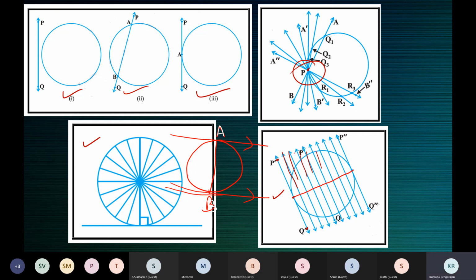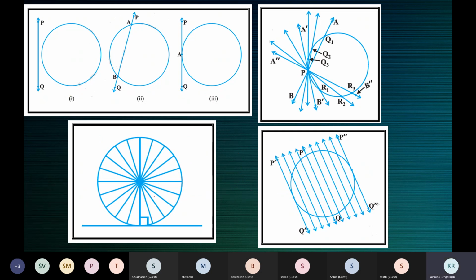And tangents, this is the result: tangents at the ends of the diameter. I'm not getting the pointer. Yeah, tangents at the ends of a diameter.